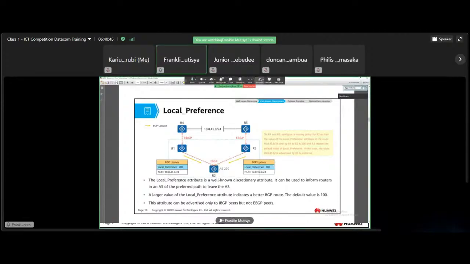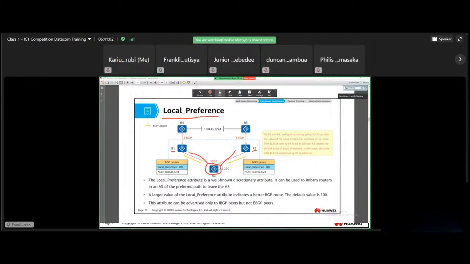For example, if routes are leaving this router here towards the outside of the autonomous system, we have two exit points. We have router 1 and router 3. So the local preference is used to determine which side of the autonomous system is suitable for leaving the autonomous system.